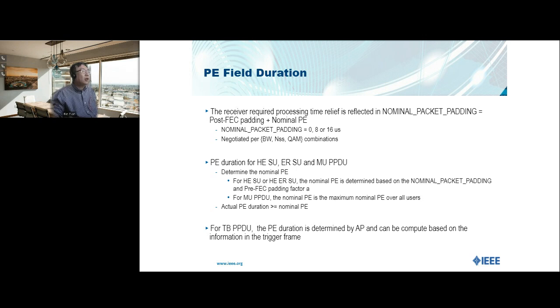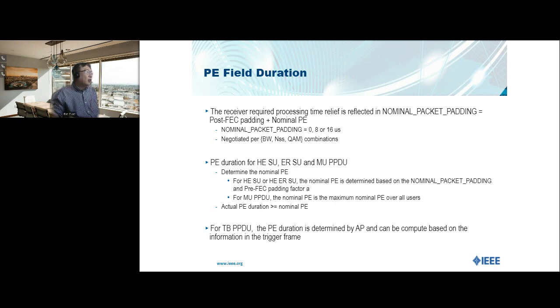In other words, from the MAC, it tells you what the nominal packet padding will be, and pre-FEC padding of A. So for example, the MAC tells you need a packet extension of 16 microseconds. By the way, there are 12 microseconds of post-FEC padding, since the pre-FEC padding is only 1/4 of it, equal to 1. So there are 12 microseconds of post-FEC padding the receiver can use. In this case, the receiver thinks maybe we can only put a 4 microsecond packet extension there.